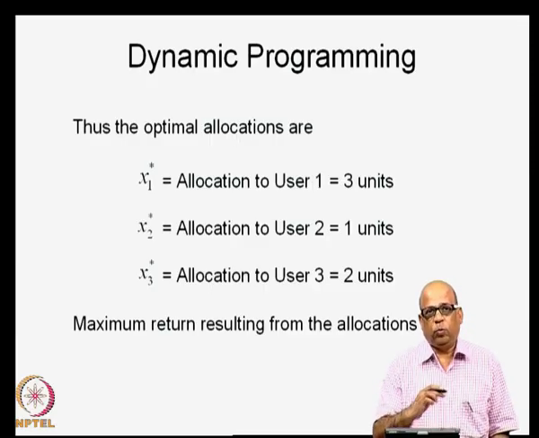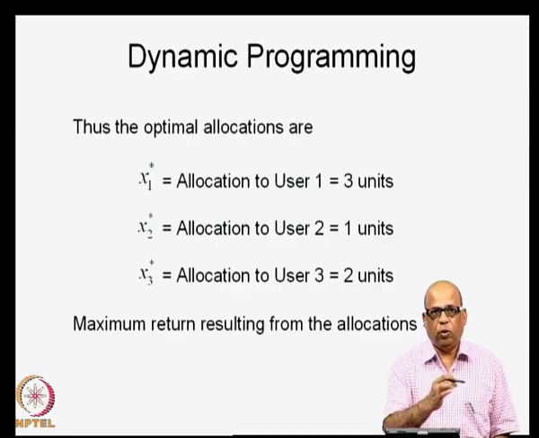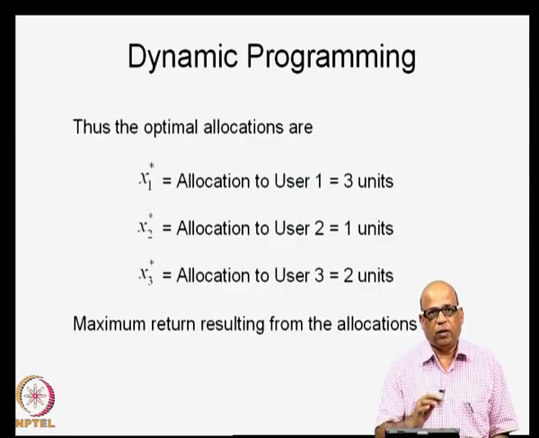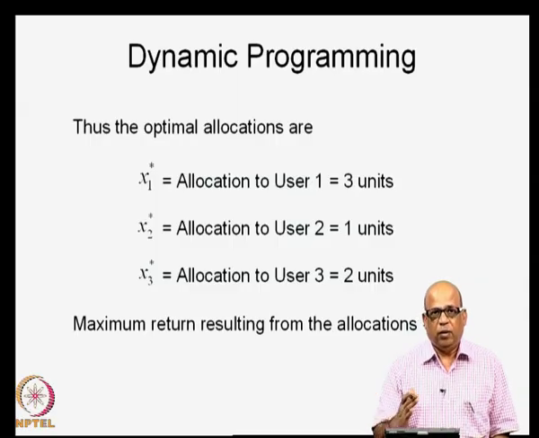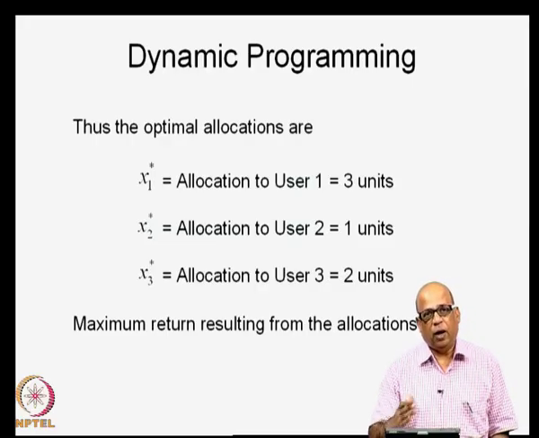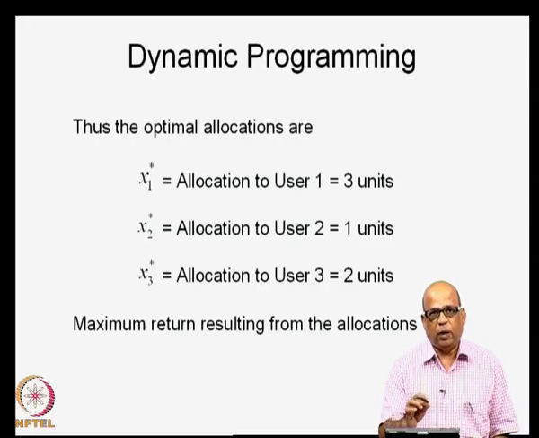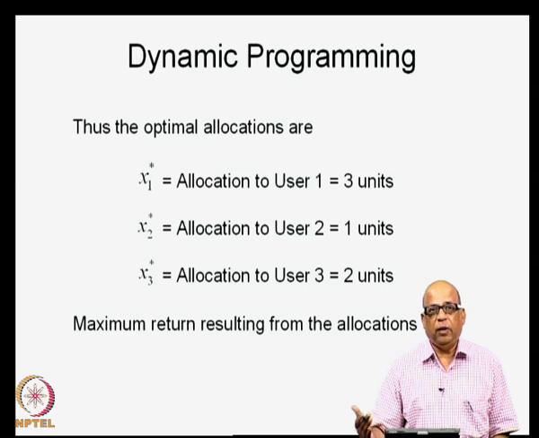Then you will go to the next stage of computation, knowing that from an available amount of water Q, you have allocated X3 star. Therefore, for the remaining users which are all included in the previous stage, you have an amount of Q minus X3 available, and go to the previous stage computations, pick up what you should do corresponding to this amount of water available and so on. So, like this you keep tracing back the solution.